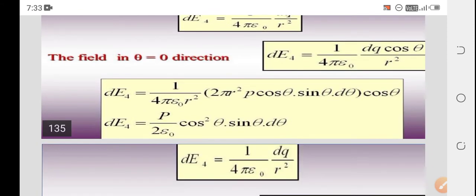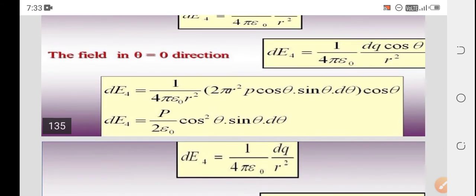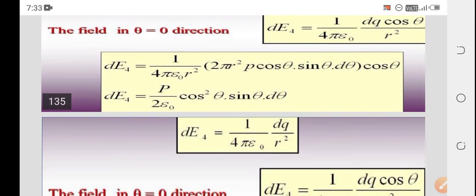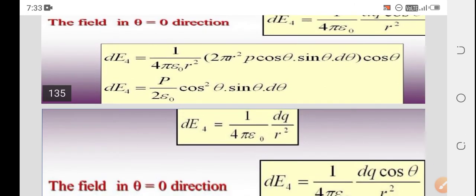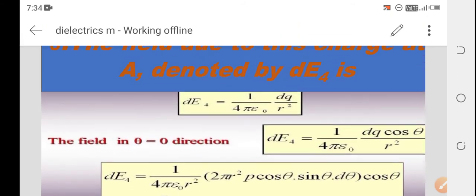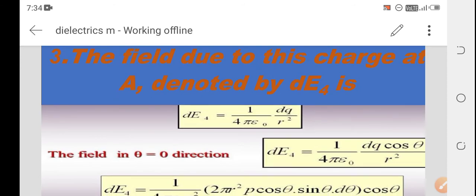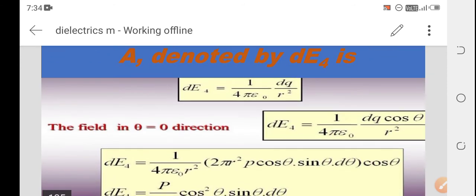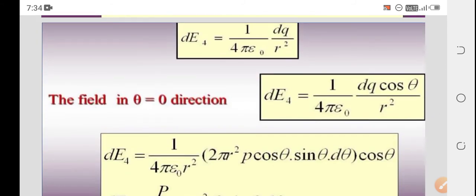Further simplified, dE4 is 1 by 4 pi epsilon naught r square, 2 pi r square P cos theta sin theta d theta into cos theta. So here I can consider dE4 as 1 by 4 pi epsilon naught dq by r square.